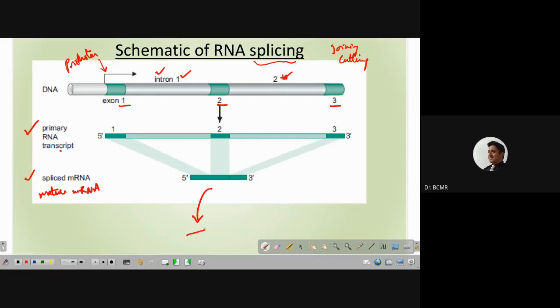In eukaryotes, replication and transcription happen within the nucleus. Translation happens within the cytoplasm. In prokaryotes, everything is together because there is nothing like a nucleus.